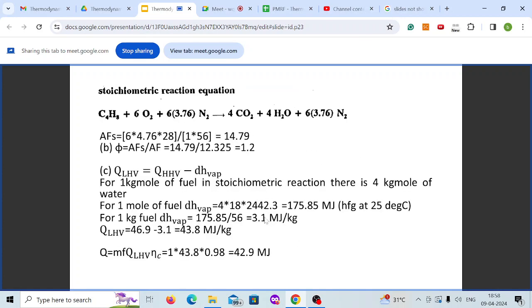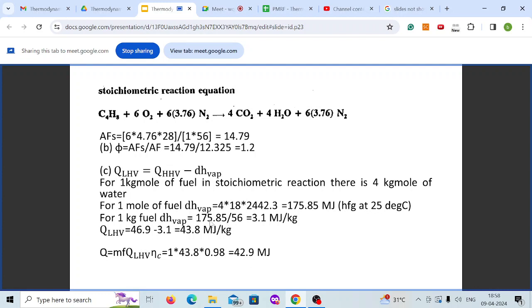Similarly, we found 175.85 megajoule per kilomole of fuel, so we need to divide by molecular weight of fuel to convert it into kg. So you get 3.1 megajoule per kg. From this you can find out your lower heating value as 43.8 megajoule per kg.